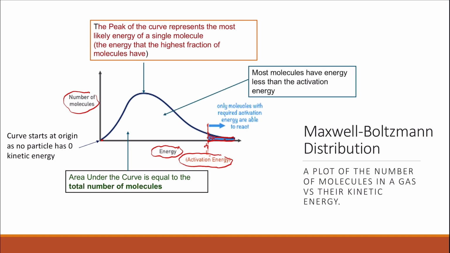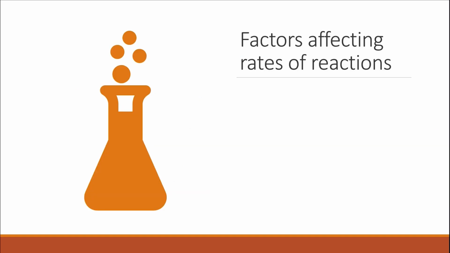However, this white part here represents most molecules, which have energy less than the activation energy. So only the part to the right of the activation energy represents the molecules that are going to react.